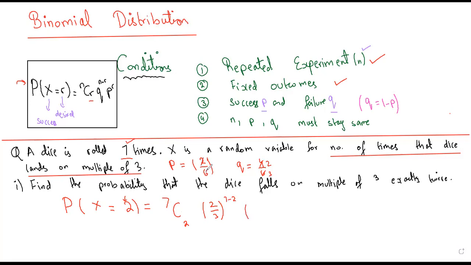This is p, 1 by 3. So it would be 1 by 3 to the power r, that is 2. And now I'm going to simplify this. And the answer is going to be 0.307. You can just find this out. And this is what we are going to get.